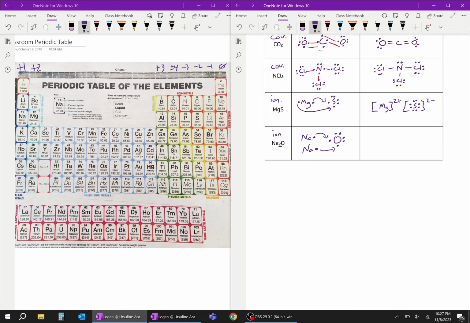My final answer would be 2 sodium ions. Each one has a positive 1 charge, and 1 oxygen ion with its 8 dots, and that 1 oxygen ion has a negative 2 charge.